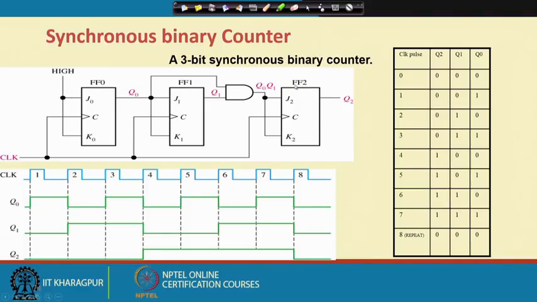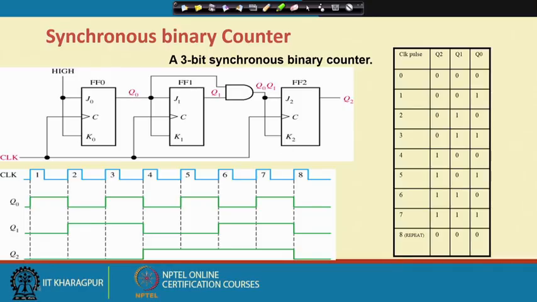Flip flop 2 also has J and K shorted, but connected via an AND gate where Q0 and Q1 are ANDed. So flip flop 2 will transit when Q0 and Q1 both are equal to 1. This way you can have a 3-bit synchronous counter.